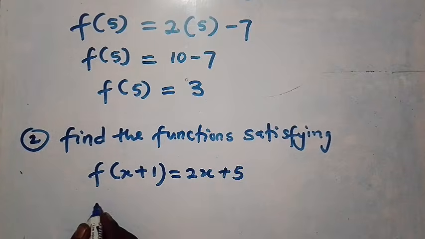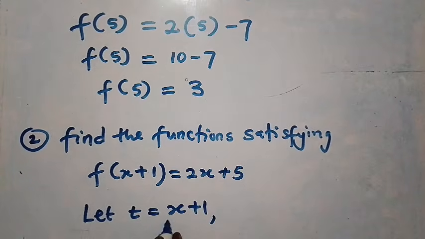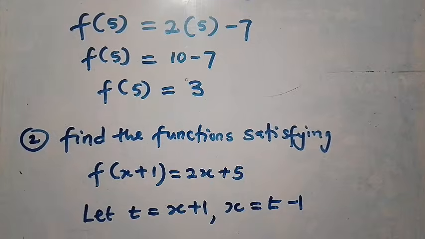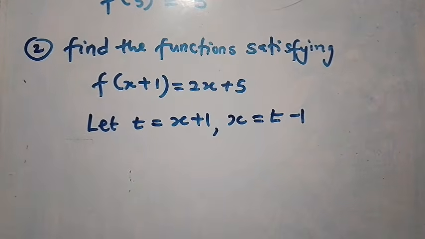Then we can just say let t equals x plus 1. If I want to make x the subject, then x will be equal to t minus 1. I've made x the subject.